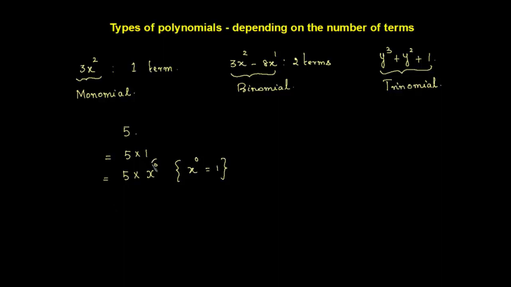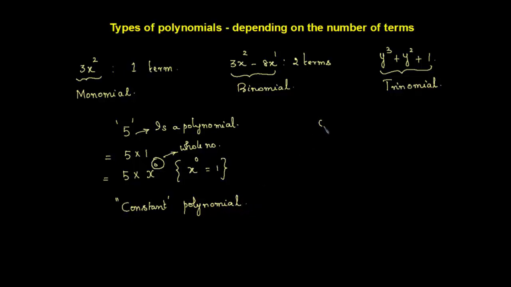Therefore, the power to which x has been raised is a whole number, because 0 is a whole number. Therefore, this is a polynomial. So, if you just take 5, it is a polynomial, and there is a special name given to this polynomial. This is called a constant polynomial. So, any constant standing alone as a monomial is a constant polynomial.